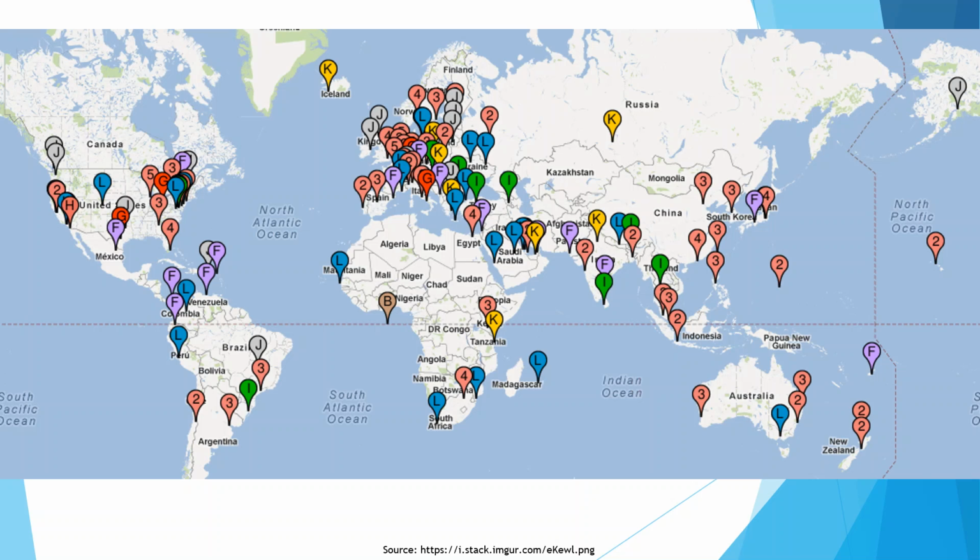We have J's in Europe, so the United Kingdom, up toward the Scandinavian countries, and closer down toward Greece. You can see how they're all spread out amongst the world, including the lone DNS server in the middle of Russia. So there's a whole lot of spread-out DNS infrastructure throughout the world.